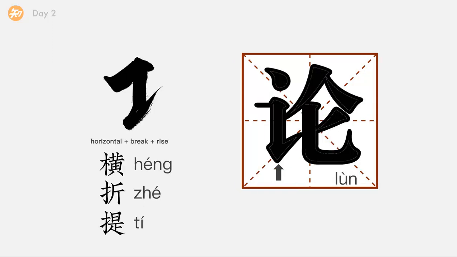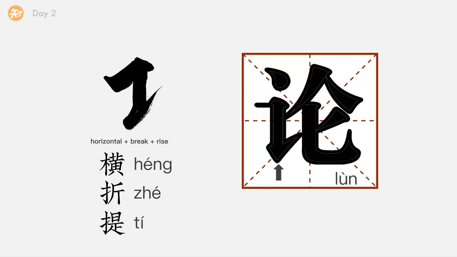The next one is a combination of horizontal, break, and rise. It's called 横折提. Why the second part is break, not vertical. It's simple because the connection here connects the 横 and 提.